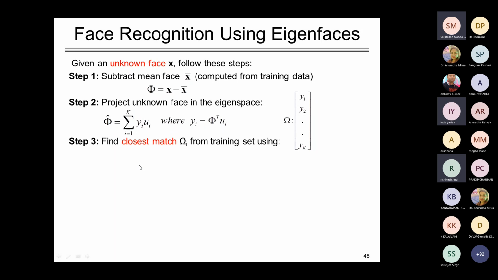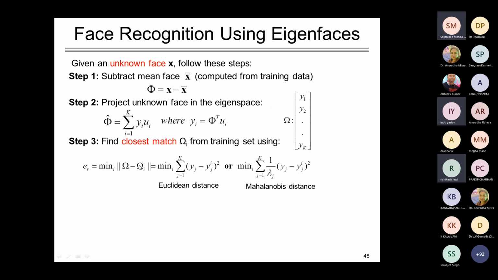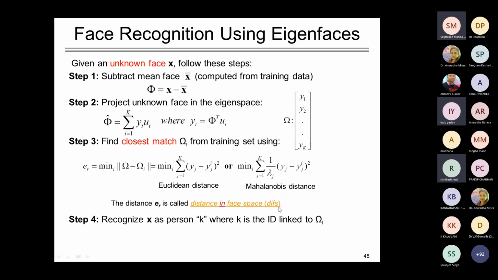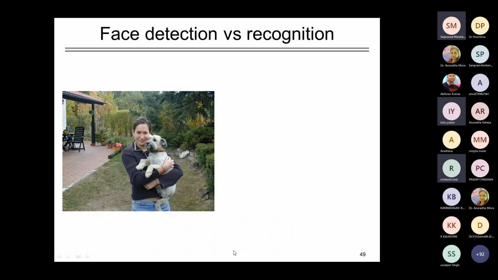Find the closest match omega i from the training data set using er equals minimum of the norm of omega minus omega i, that is, the minimum of summation of yi minus yi^j whole square, or the minimum of the Mahalanobis distance. This is the Euclidean distance. The distance er is called the distance in face space. Recognize x as person k, where k is the ID linked to the face space. For intruder rejection, we need er less than Tr for some threshold Tr.